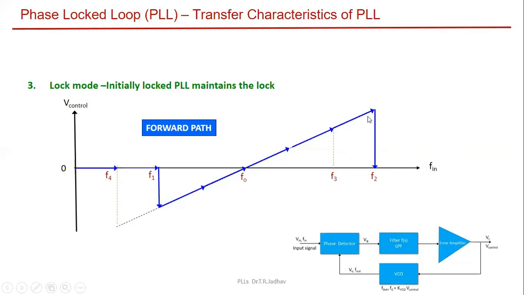Because of hysteresis, it happens. It will not release the lock exactly at the same distance away from F0, but it will require more frequency, which we call the lock mode. So in lock mode, it will maintain the lock, and then after F2, it releases the lock.